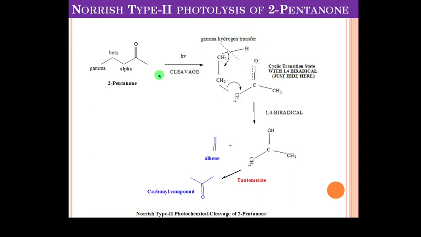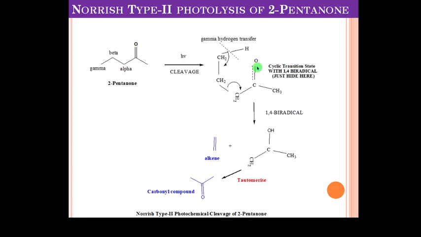Upon photolysis of 2-pentanone, the gamma hydrogen goes as close as possible to the carbonyl. Upon photolysis, the carbonyl carbon will possess one radical and the oxygen will possess one radical.